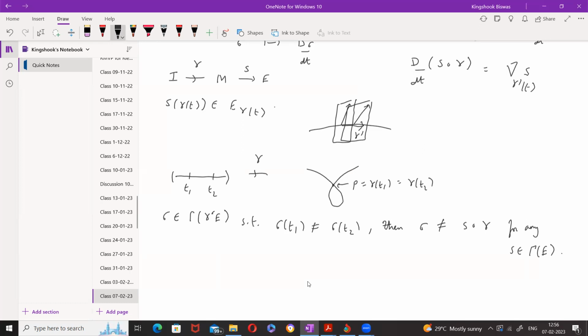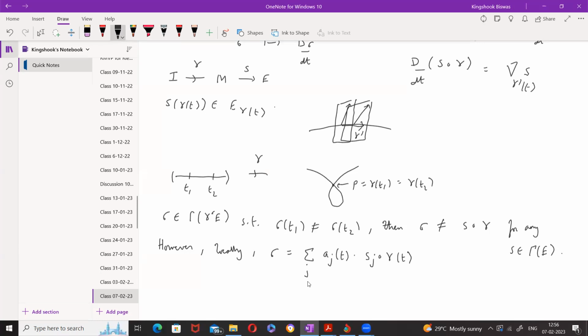Yes, sir. This S composed with gamma takes the same values at t1 and t2, right? It just takes the value S of P. Do you understand? However, locally, we can write sigma as a sum over j of aj of t times Sj composed with gamma of t.